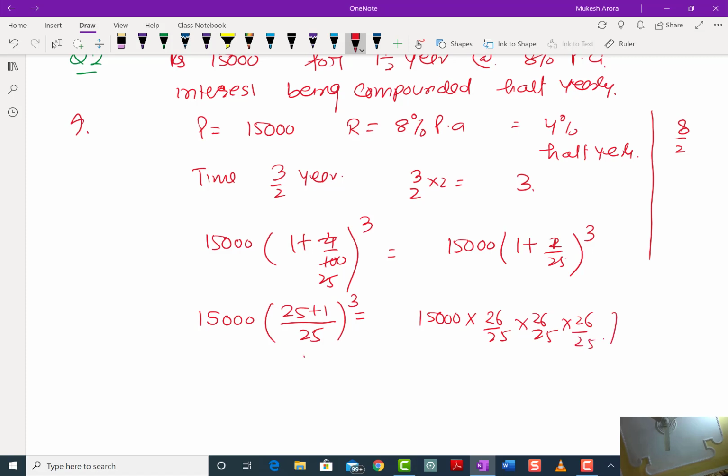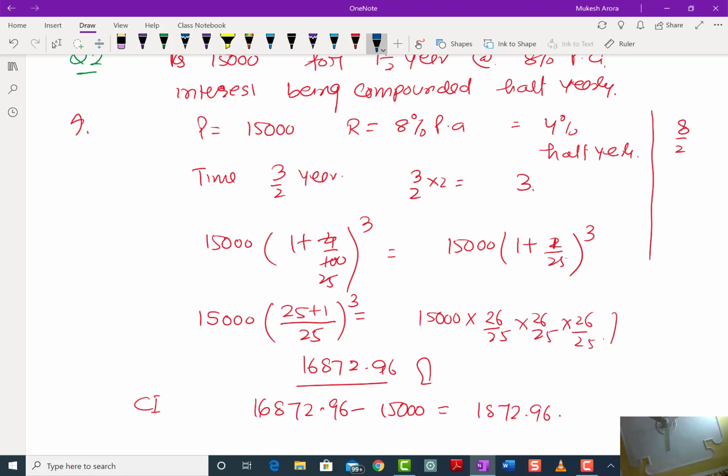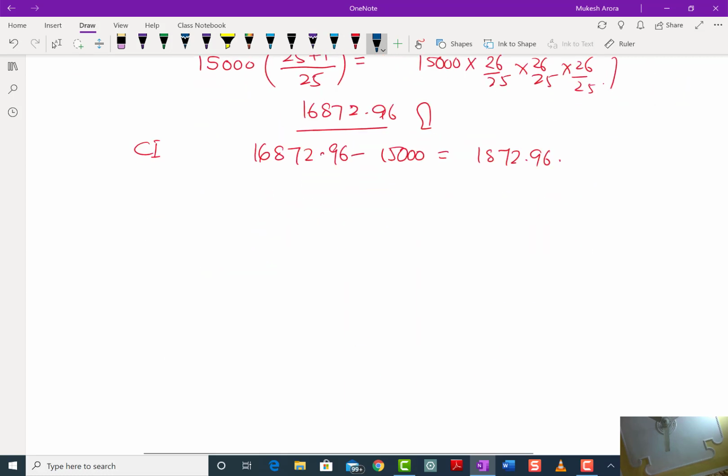After multiplying, the answer will be 16,872.96, and the compound interest will be 16,872.96 minus 15,000, which is 1,872.96.